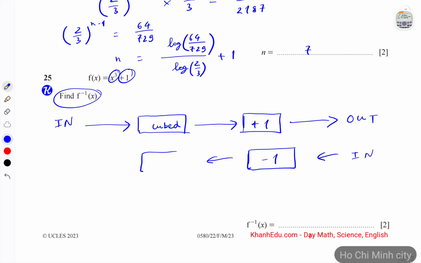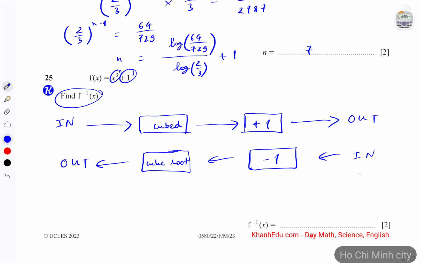The inverse of cube would be the cube root. And then we have the output. So for example, x is the input, then we have the minus 1, so x minus 1, and then we take the cube root, which is this. All right, so this one is pretty simple, right?